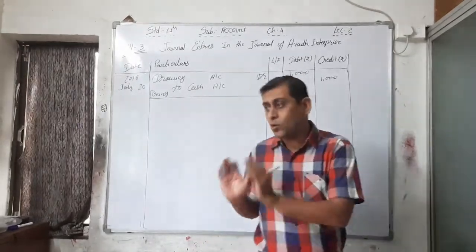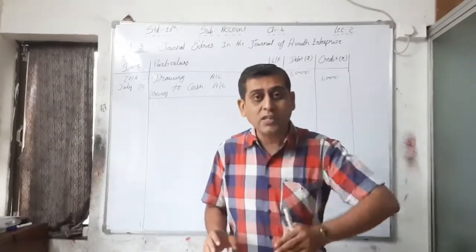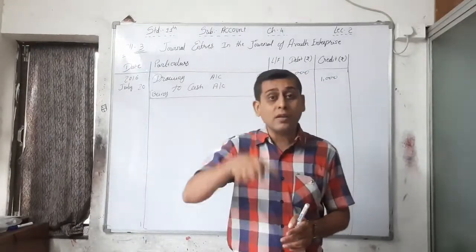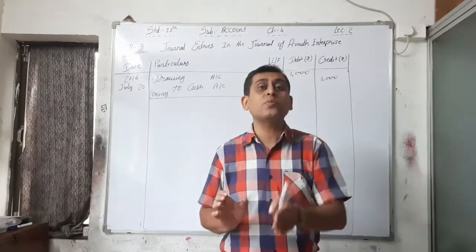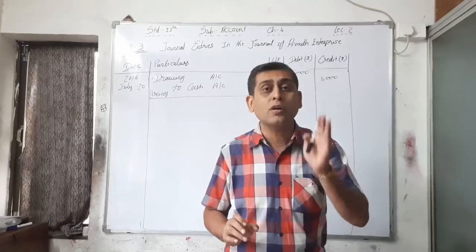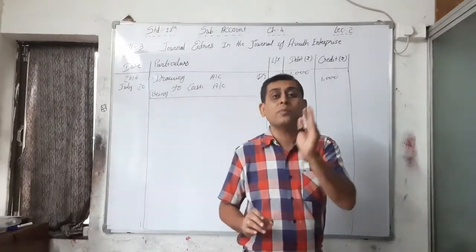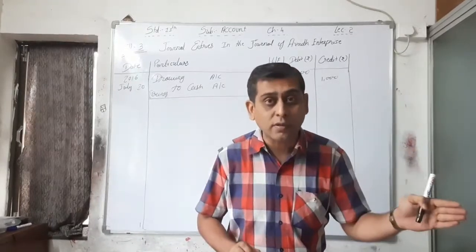It is for the goods, for the furniture, for the building of the business, and that's why that insurance premium is the expense of the business. But here the life insurance word is there. Life insurance means what? Life insurance is only for a particular owner's life, right? So that life insurance premium is the expense of the owner, personal expense, right?